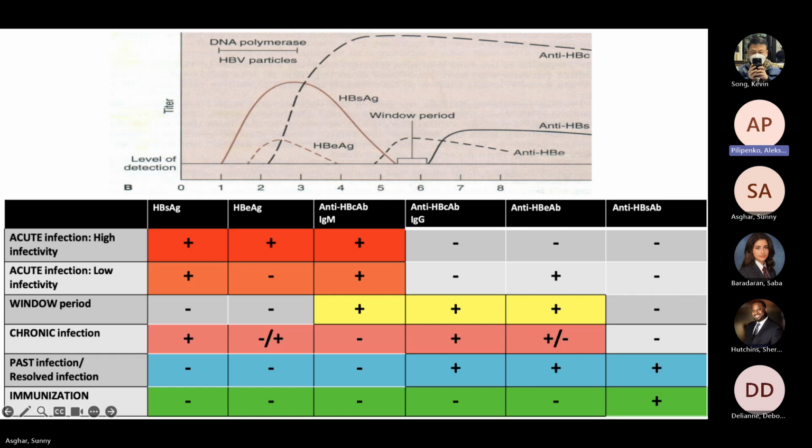Yeah, the window period, the way they tested us, is the period in which we would not see any antigens or antibodies, yet the person still has hepatitis B. So we have to be aware there is such a thing as a window period, between 5 and 6.